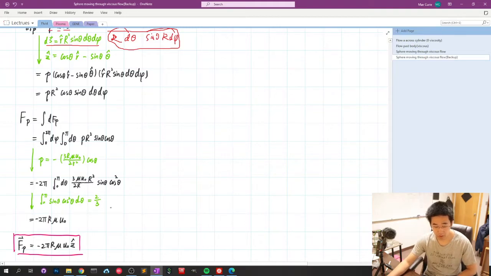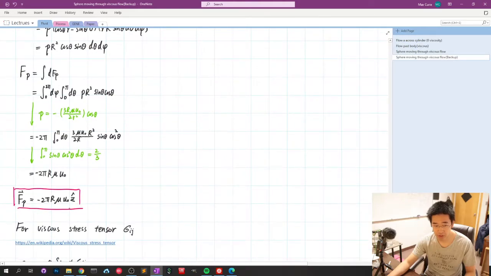This is a relatively trivial integral done in calculus. I don't bother doing it; honestly, I just do it through Mathematica. We have this, and substitute it in. We have this expression.